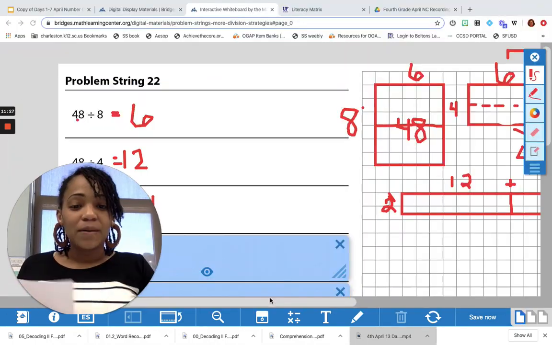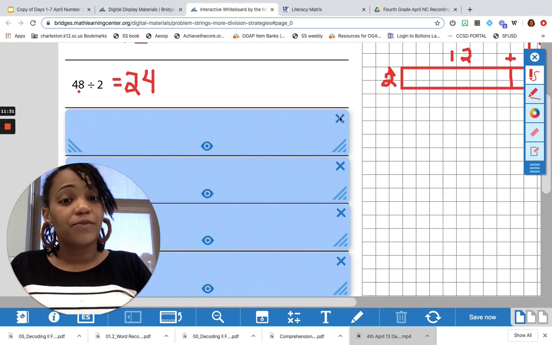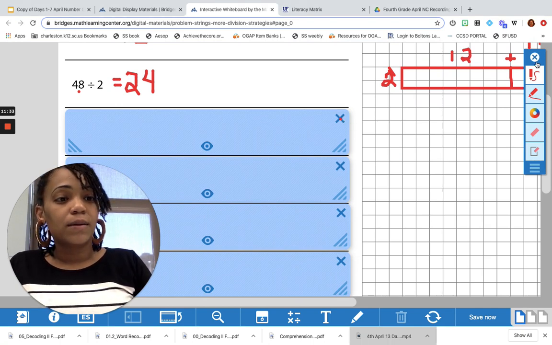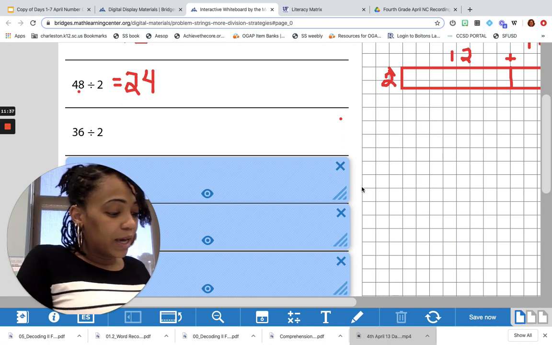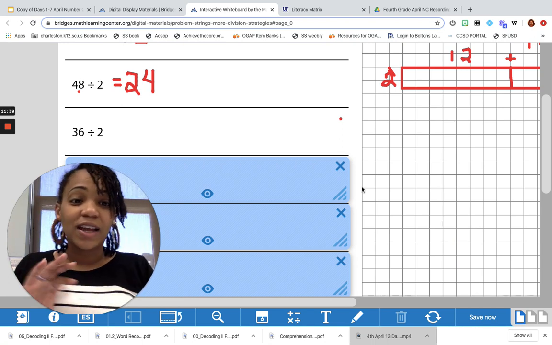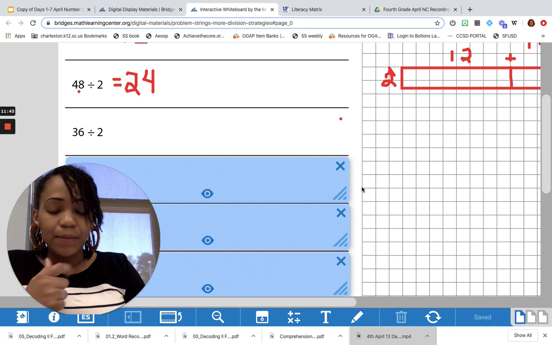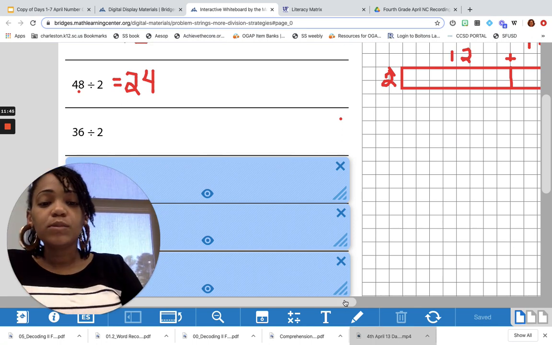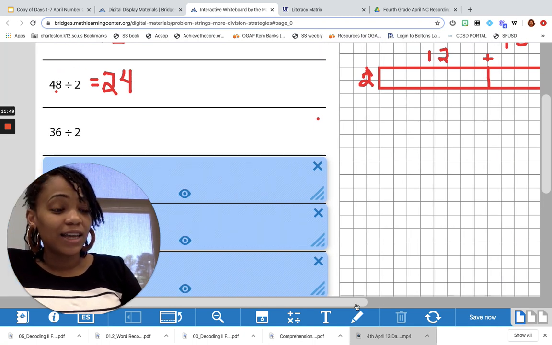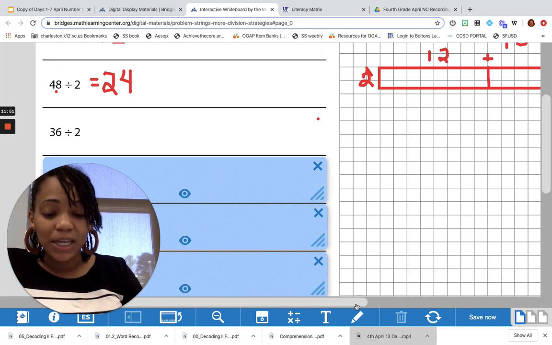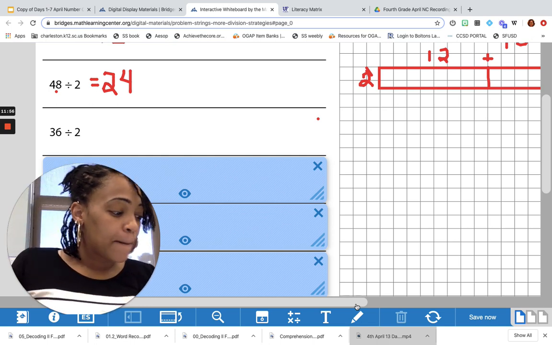Okay, back to our problem string. Let's look at our fourth problem. 36 divided by 2. This time we have a different dividend. So now we're going to reshape our thinking here. 36 divided by 2. What times 2 would give us 36? Thinking about our relationship between multiplication and division. What times 2 equals 36?